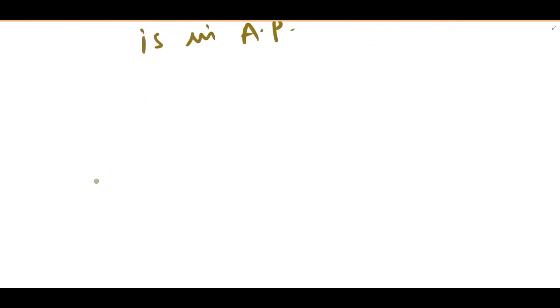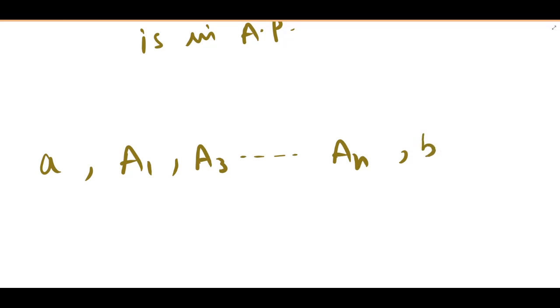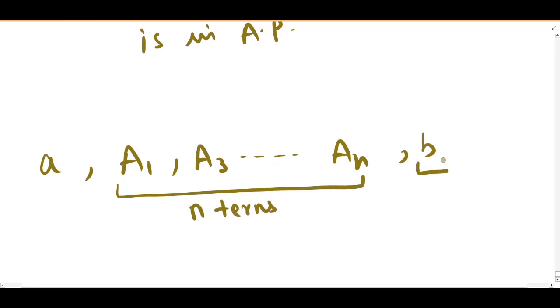This is the first element, this is the second element, this is the third element, and it goes on till n, and this is the last element. So we can see these are a total of n terms, this is the last term, and this is the first term.